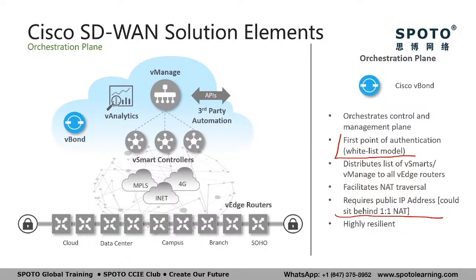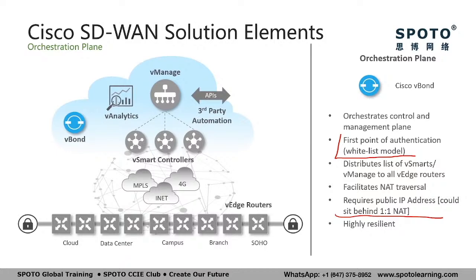When delivered as a cloud service, vSmart controllers are redundantly hosted in the Viptela Cloud. When deployed as an on-premise solution by the customer, it is the responsibility of the customer to provide adequate infrastructure resiliency.